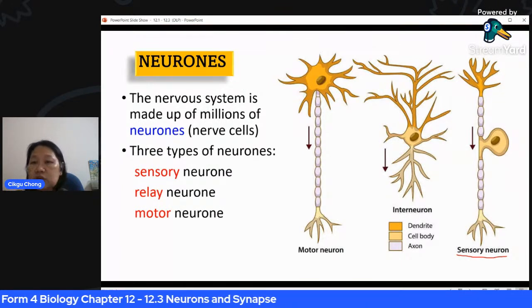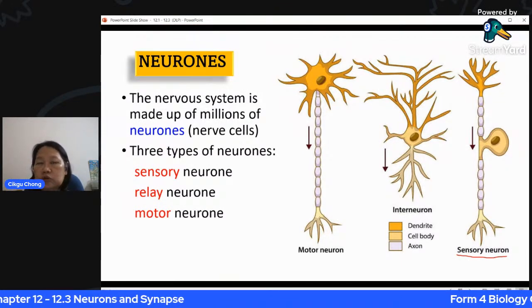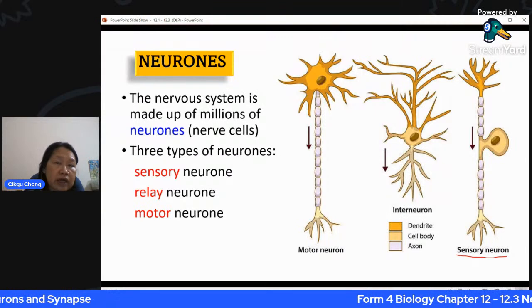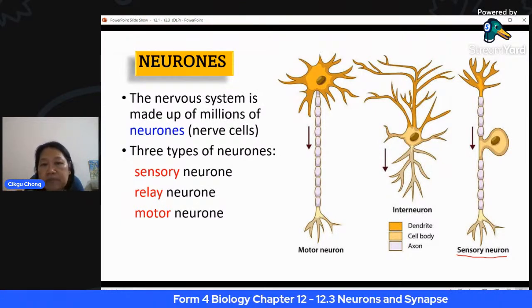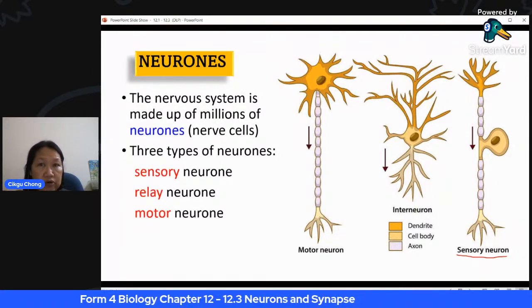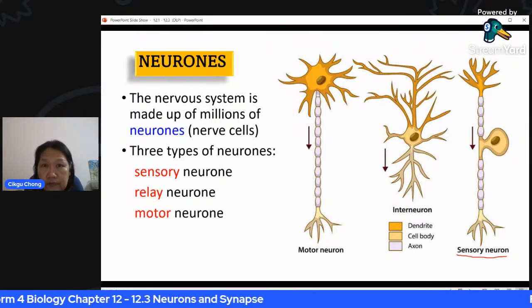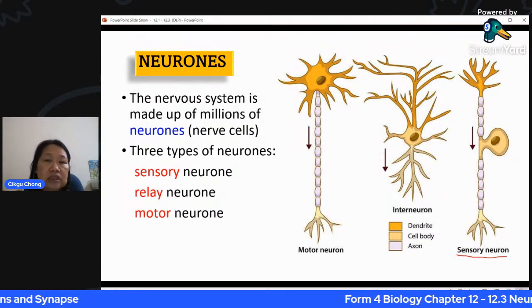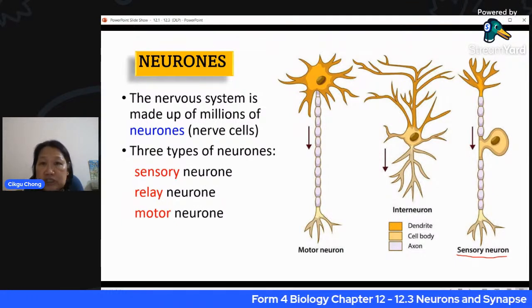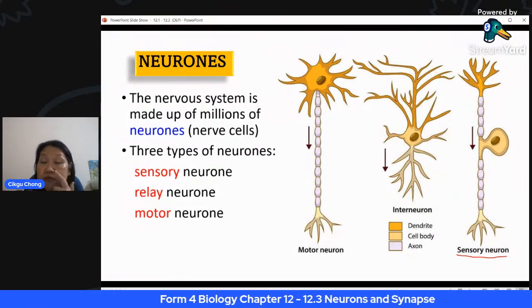They never use the same neuron to go two ways. If you need to have impulse going back to the other organ, you need another neuron. There's a reason for it, which I'm going to explain afterwards.